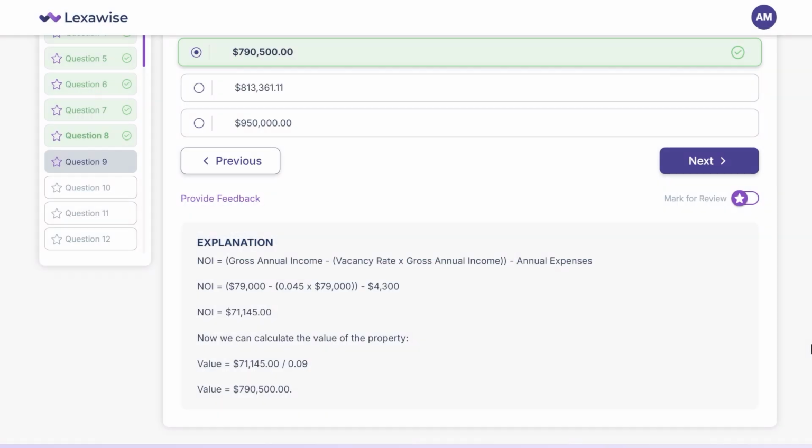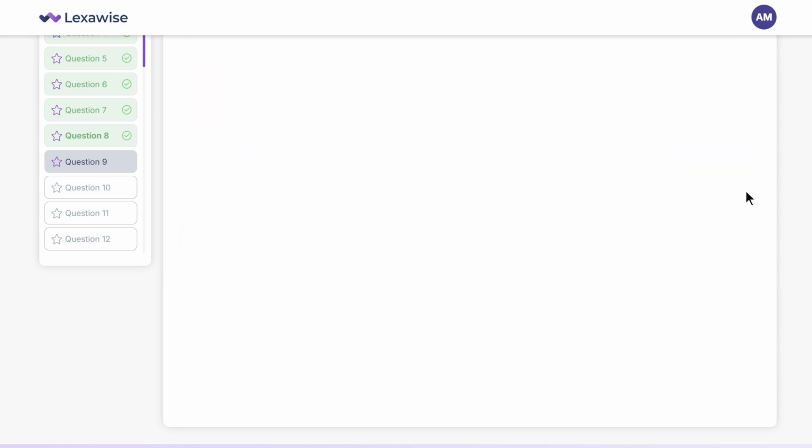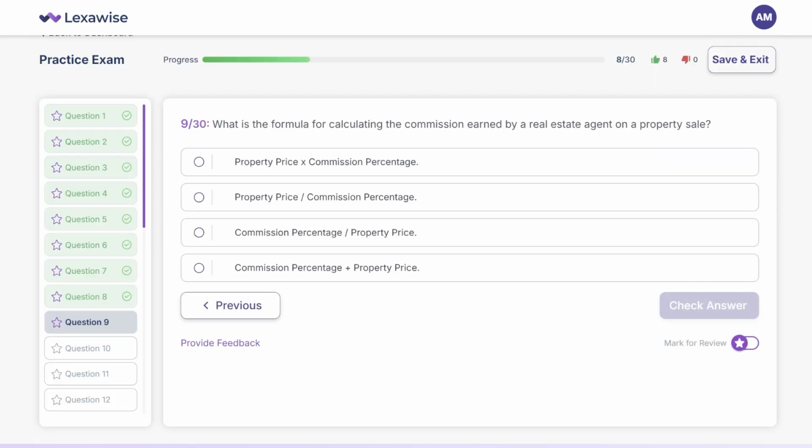Next question. What is the formula for calculating the commission earned by a real estate agent on a property sale? A. Property price times commission percentage. B. Property price divided by commission percentage. C. Commission percentage divided by property price. D. Commission percentage plus property price.